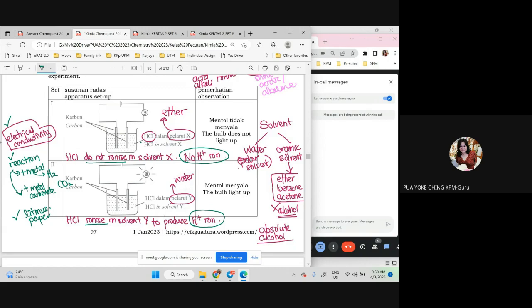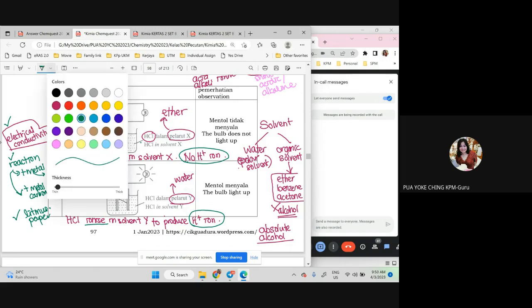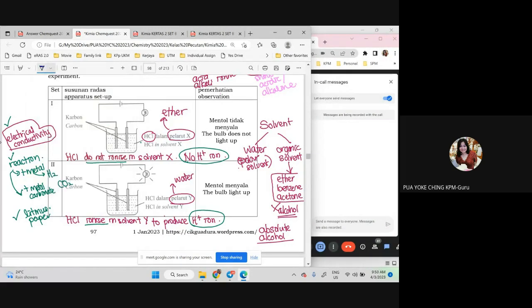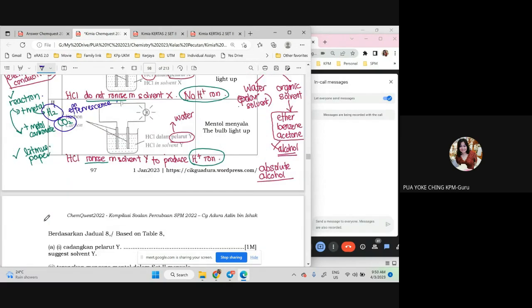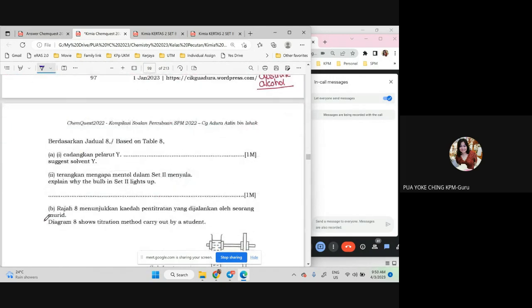Electrical conductivity, reactions, and usually reactions will use metal and metal carbonate because they will produce gas. So you have the hydrogen gas, you have the carbon dioxide gas. So you can see the observation, which is effervescence occurs. Okay, you see the gas bubbles. And then the last one is the litmus paper. Blue litmus paper turns red, or if using alkali, then it will be the other way around lah.